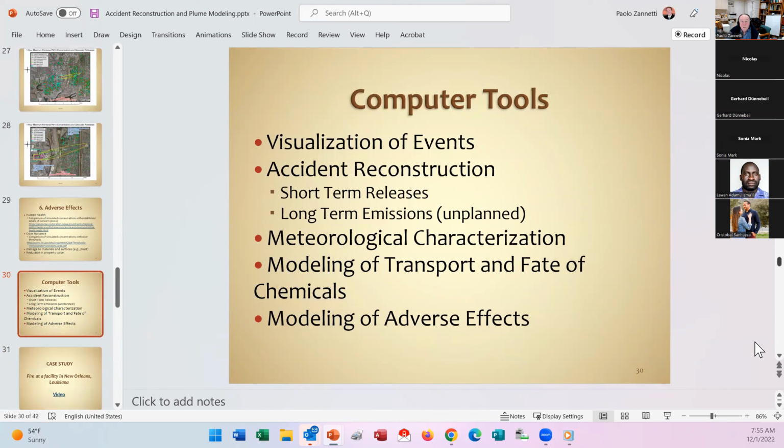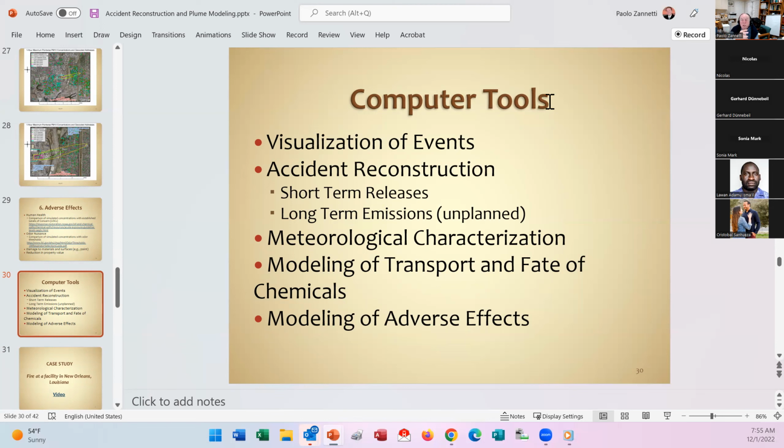Okay, so to do all these things, emission, meteorology, modeling, simulation, adverse effect, you need computer tools. You don't do anything these days by hand, by pen and paper. Even simple calculations, even simple algebraic calculations, are done with a computer or with Excel or with MathCAD.